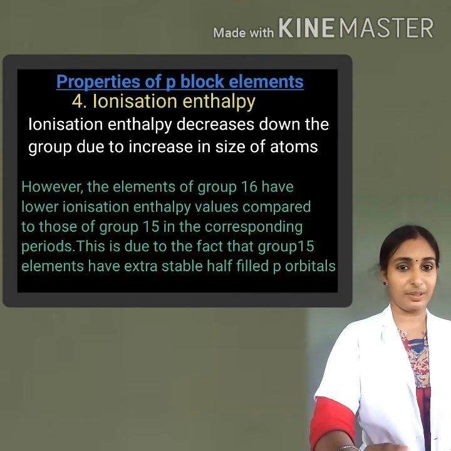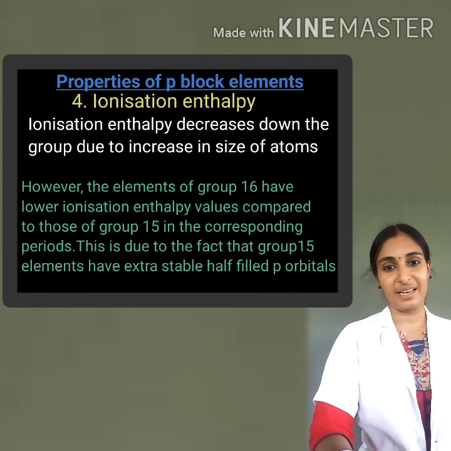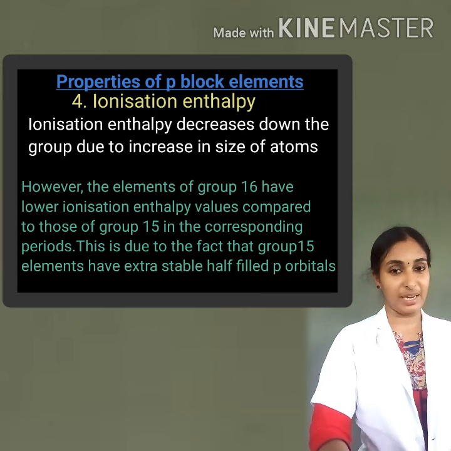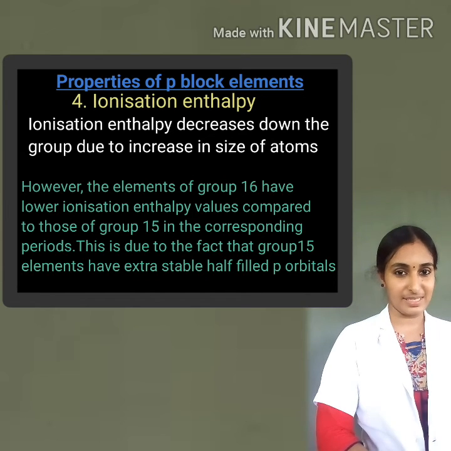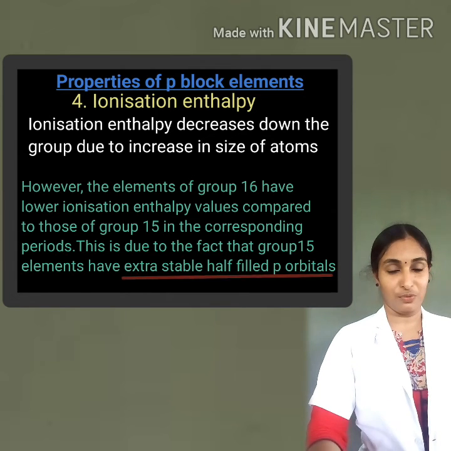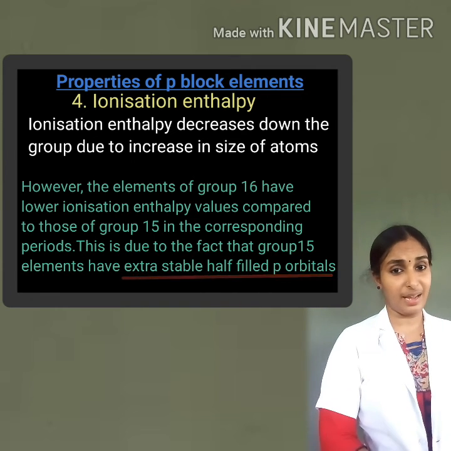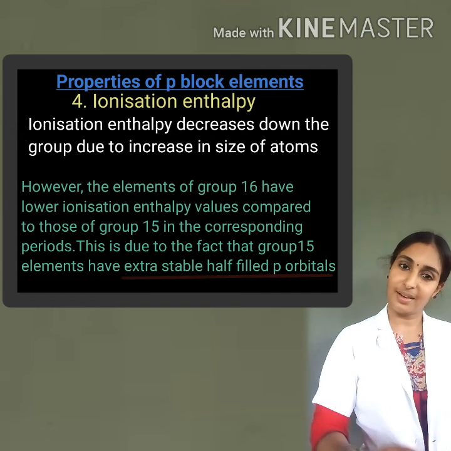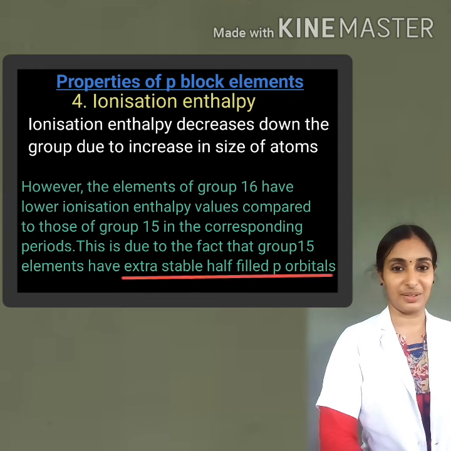This is because of the presence of half-filled outermost orbitals in the case of 15th group. In 15th group, they have half-filled p orbitals which are highly stable. So removal of an electron will not occur easily from 15th group elements. So, 15th group elements have higher ionization enthalpy values than 16th group elements.